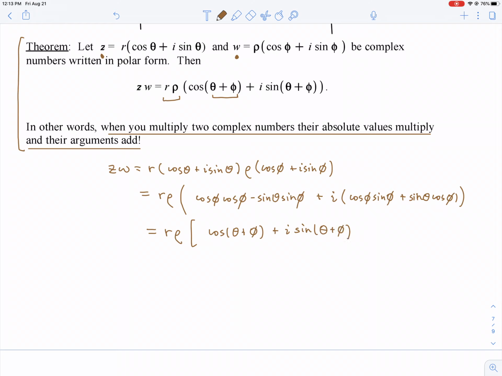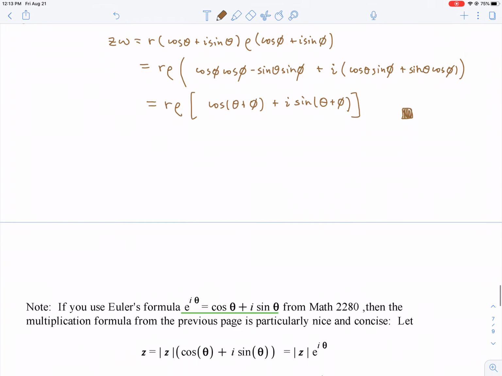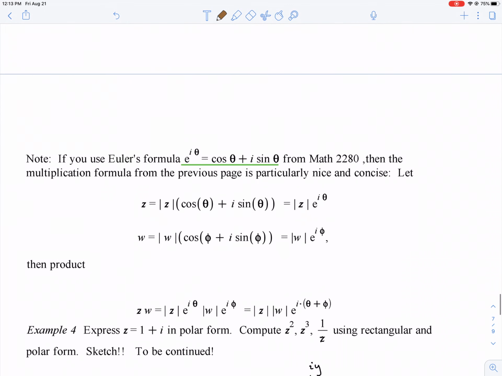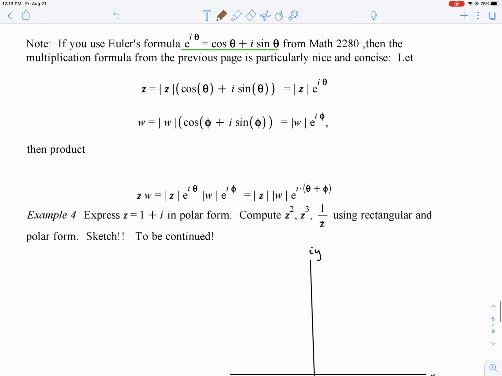It was cosine theta times the sine of phi. And that is the proof. Very short, and we will use this geometric meaning of multiplication a lot in this class.